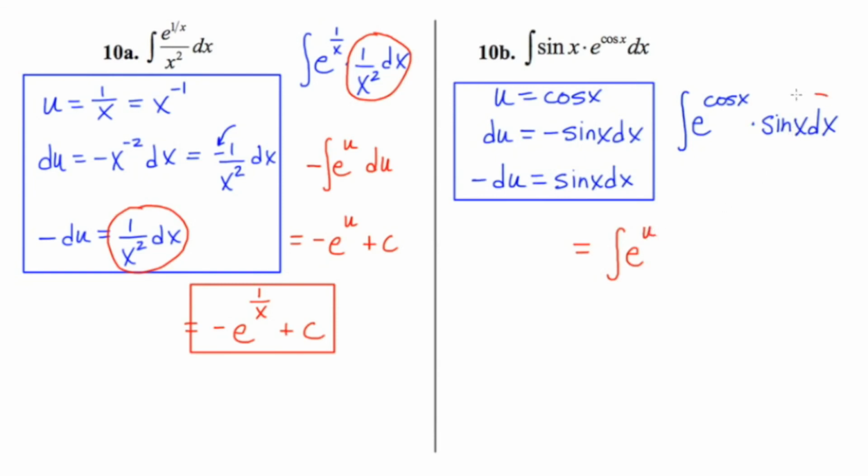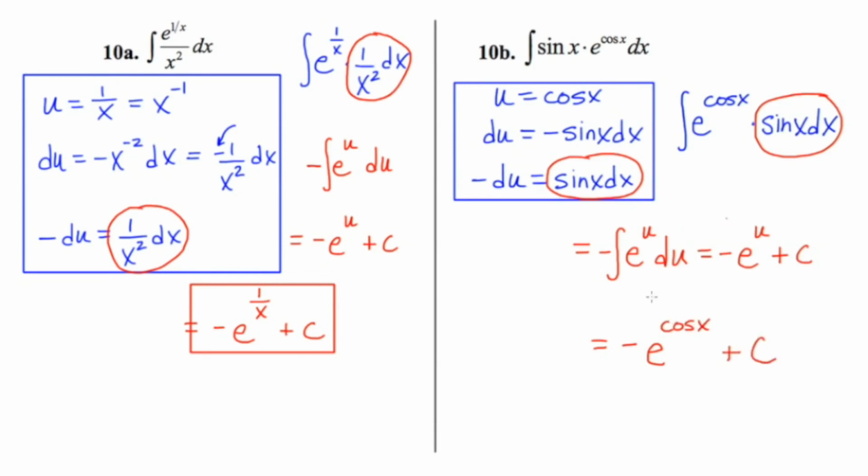This ends with sine x dx, as does this over here. So sine x dx can be replaced with negative du. And now we have negative e to the u plus c, and we'll back substitute and be done. So we have negative e to the cosine x plus c. Great! Let's go on to the next slide.